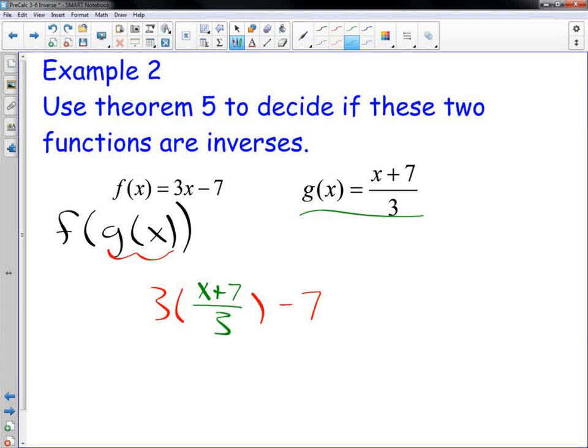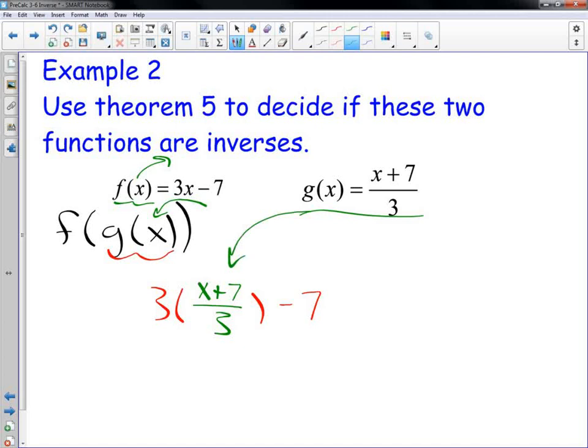Okay. So I'm just doing composition, what we did last lesson. Instead of f of x, I'm taking out x and plugging in g of x. So down here in red, I have f of x. I took out the x and I plugged in g of x there.